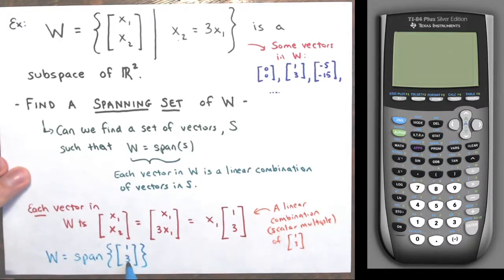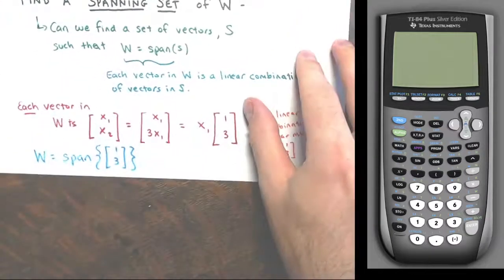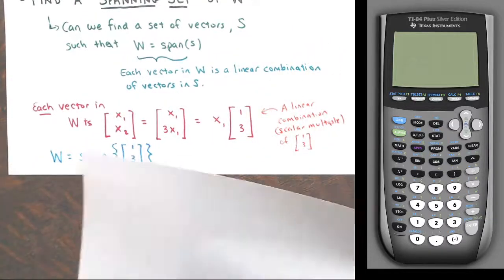All right, and there's the set S that I'm looking for. So the spanning set of W is S equals this set with just the vector 1, 3 in it, right? Because every vector in W is a multiple of the vector 1, 3.